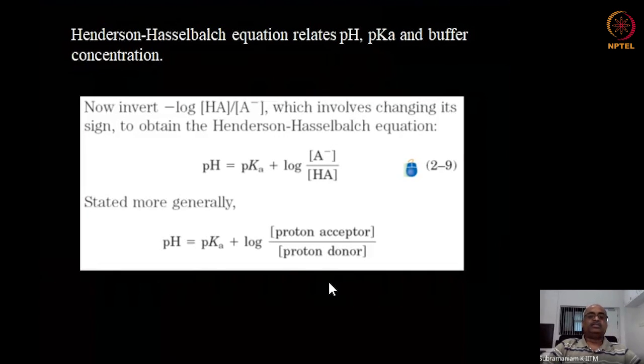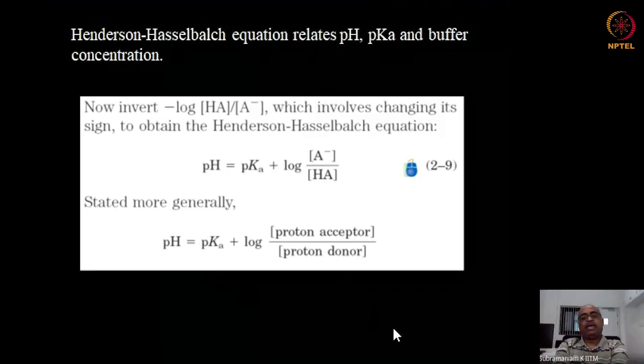So this equation is very useful. For example, if you know these ratios, you can readily calculate pH, since this is known for all weak acids already. And similarly, if you know these two, you can calculate these ratios. And this helps us to make buffers. In what ratio should I mix the base and acid to get a certain pH?